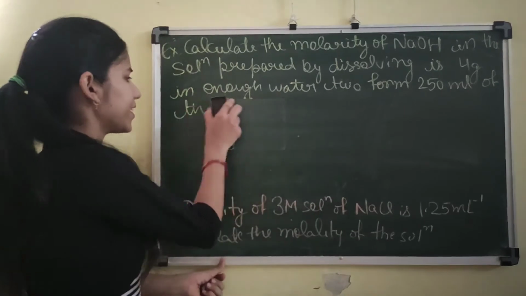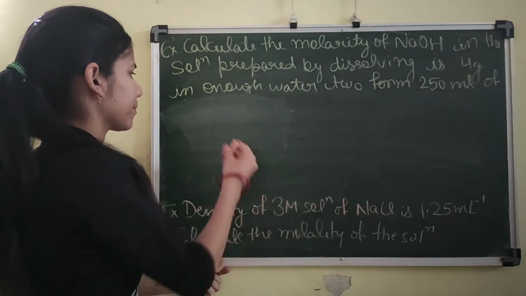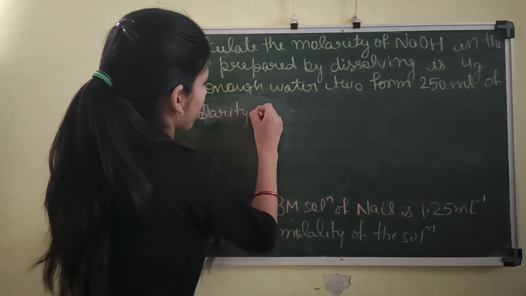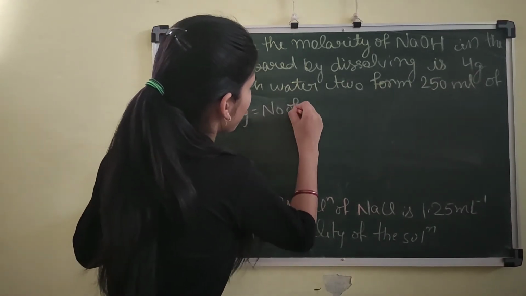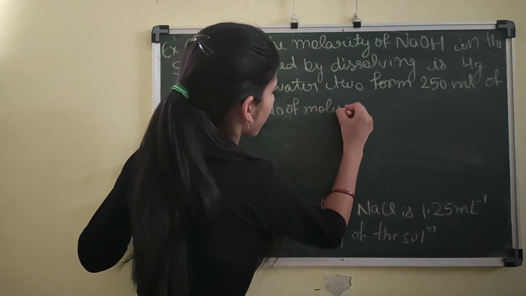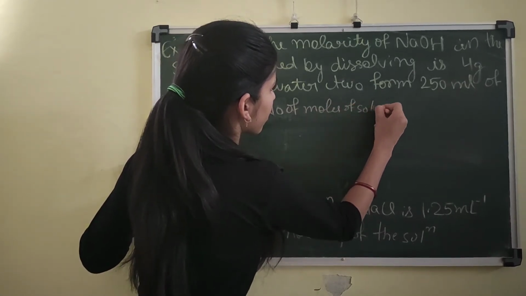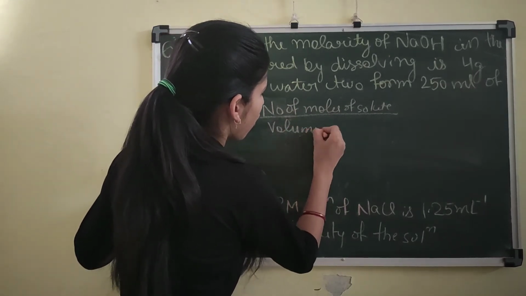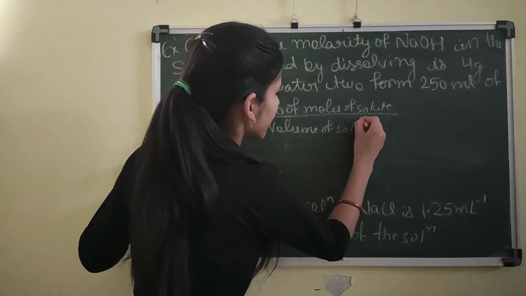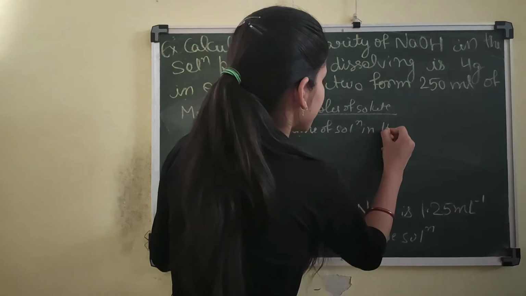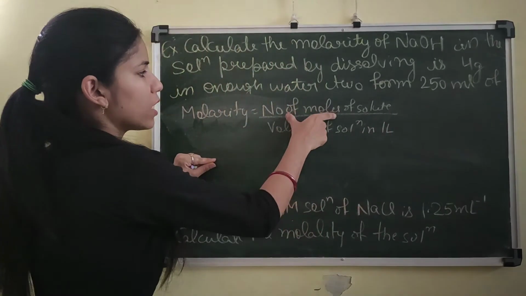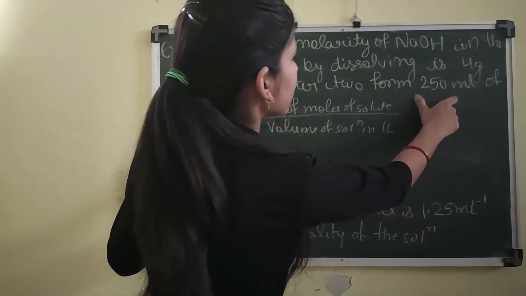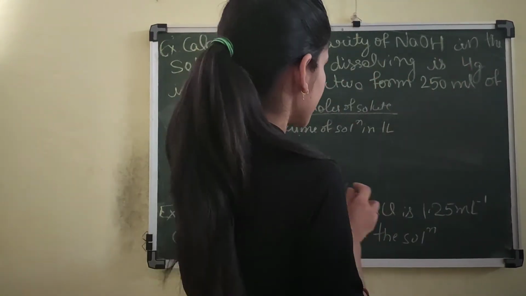So molarity can be given by the number of moles of solute divided by the volume of solution in 1 liter. So we need the number of moles of solute for 4 gram of NaOH.